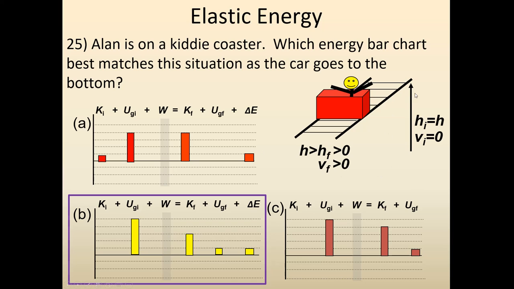And once again, it matches this. I start at a height with no velocity. So I start with potential with no kinetic. I fall down. I'm traveling at a speed and I'm at some height, so I should have some kinetic and potential, but I should have a little bit of energy being lost to the ether.